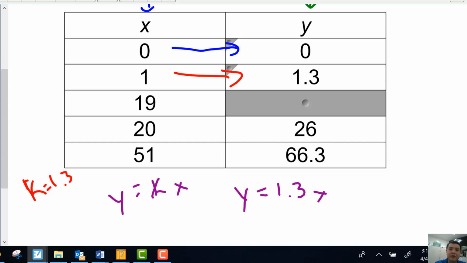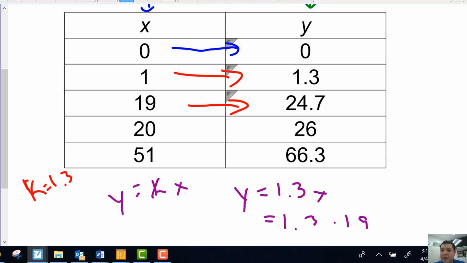So we have 1.3 times 19, which is our x, to find our y. And when we do that, we find that 1.3 times 19 is 24.7.